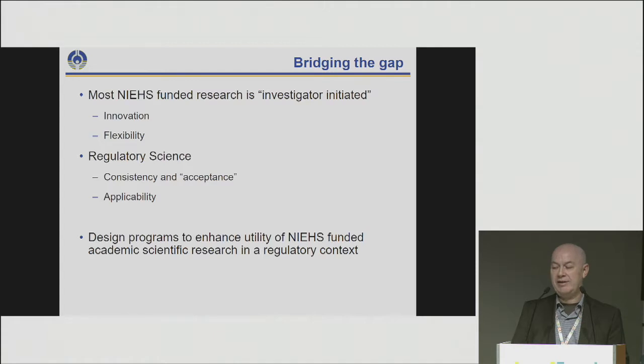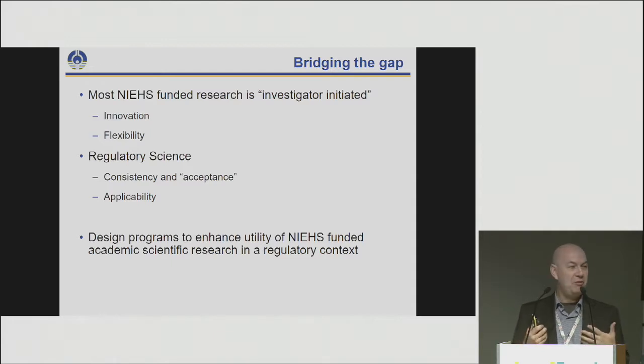In contrast, in what we call more regulatory science, which is what we do at the National Toxicology Program, consistency and acceptance are among our driving values. We want to make sure that our information is used by regulatory agencies both in the US and around the world. EFSA is one of our primary stakeholders in Europe for our information.